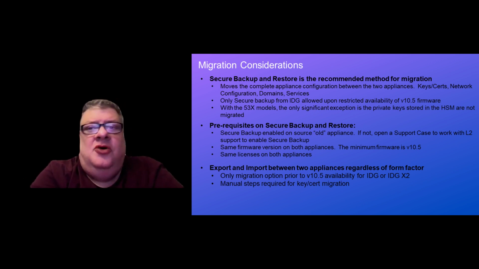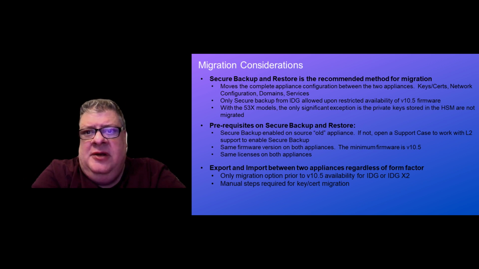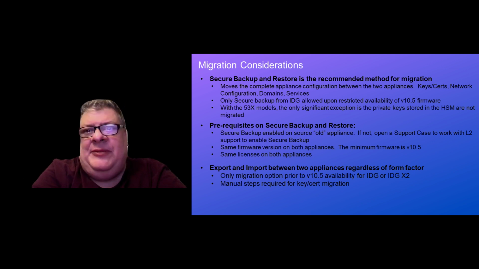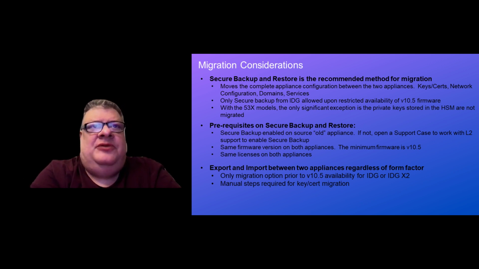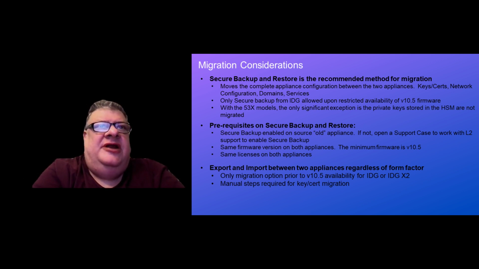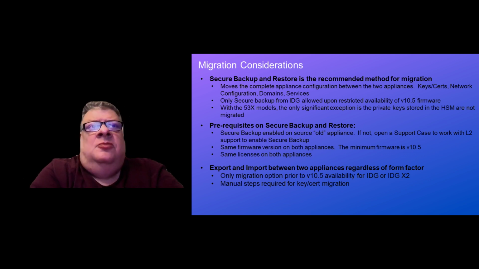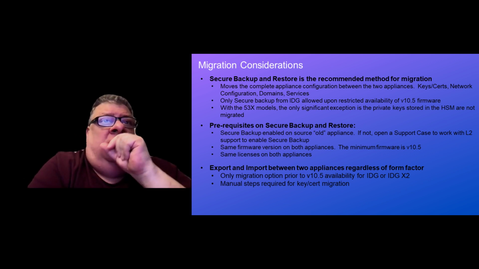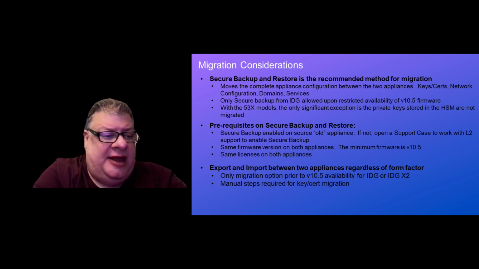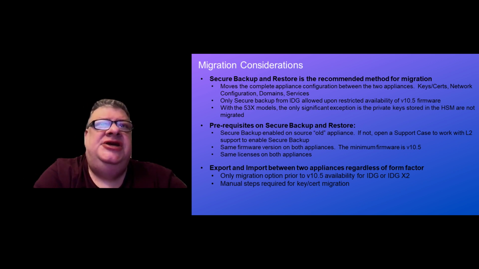So starting in October, when we have the 10.5 migration firmware available, the recommended method will be a secure backup and restore. This moves complete appliance configuration between these appliances. So your keys, your certs, your network configs, domain services, all get moved. As I said earlier, on the IDG, we'll allow that. We will not allow you to run 10.5 on the IDG in production running transactions.